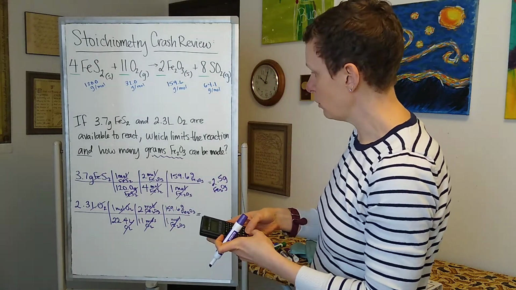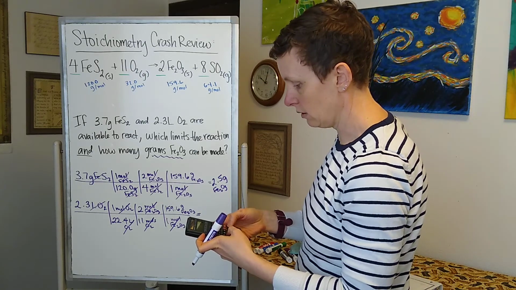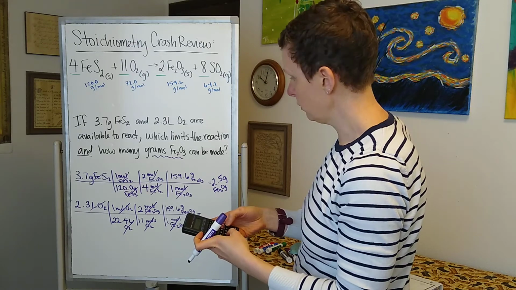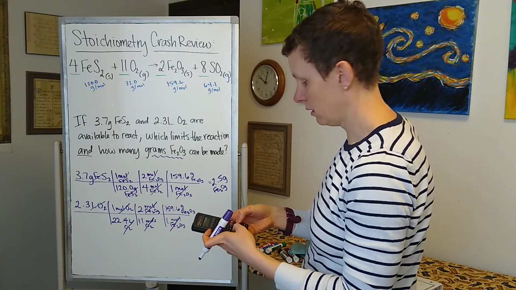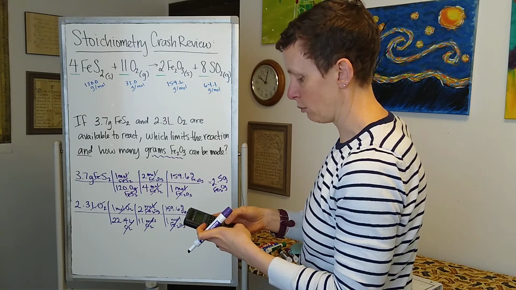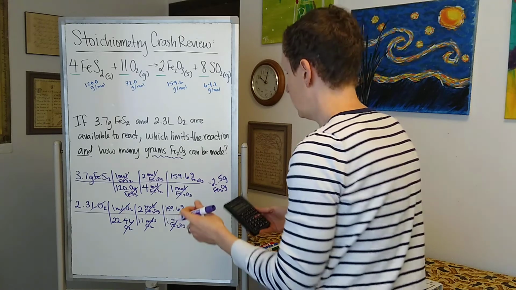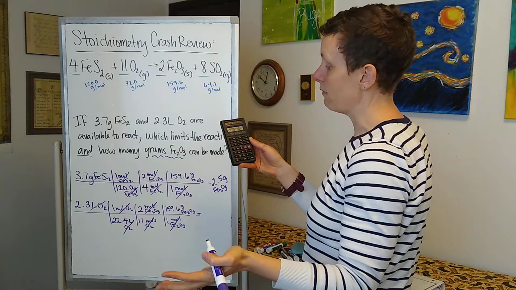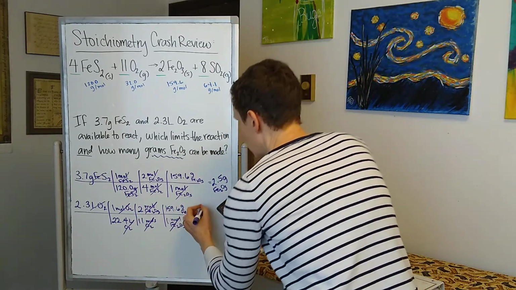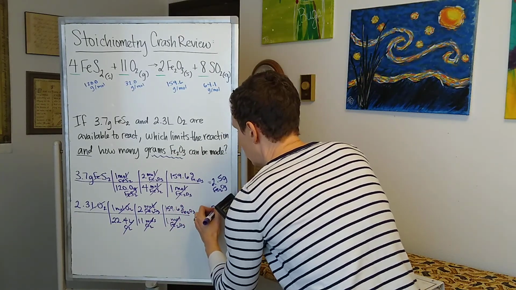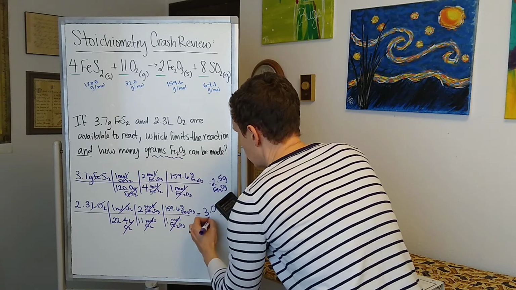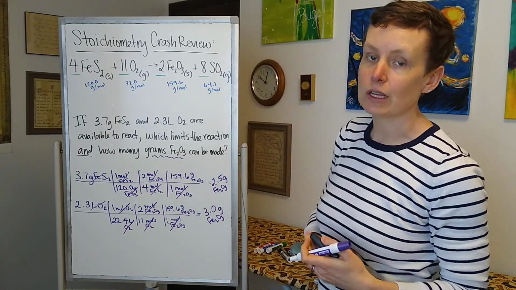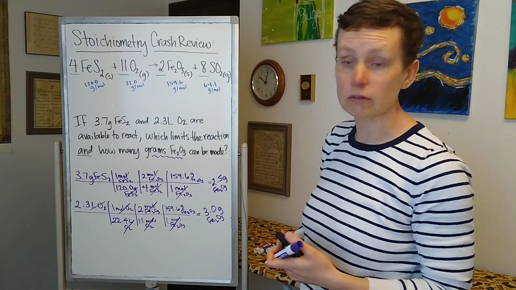Now my bottom one, 2.3 liters of oxygen divided by 22.4 times 2 divided by 11, and then times 159.6. This one gives me, with 2 sig figs, so 2.97 is going to round up to 3.0 grams of Fe2O3. Now we have to interpret our answers in order to answer the actual question here, okay?